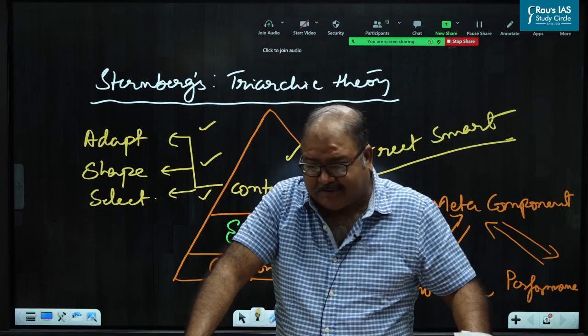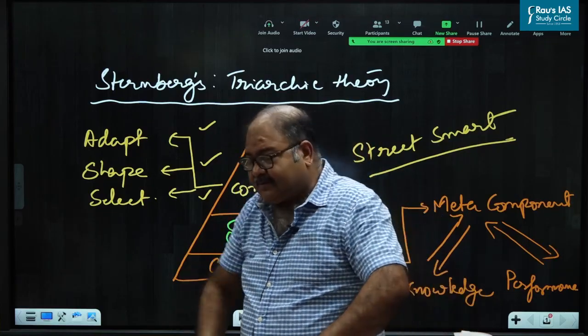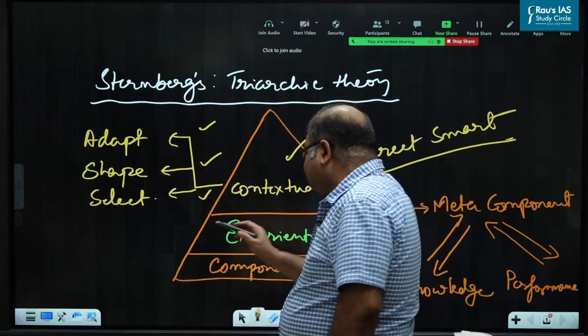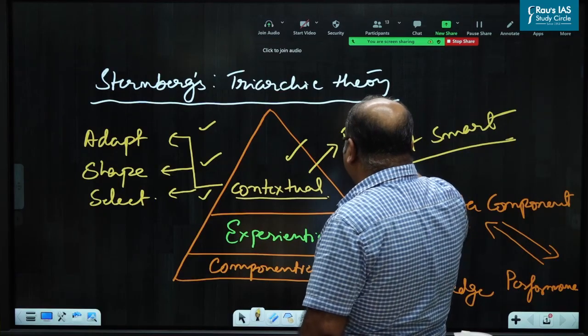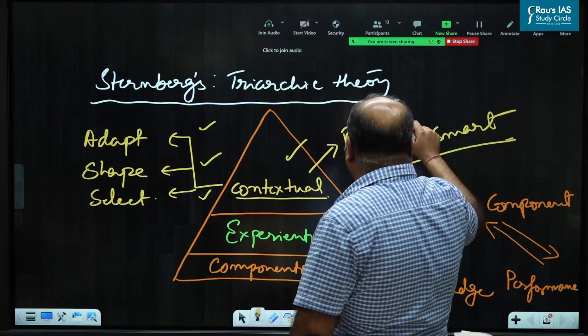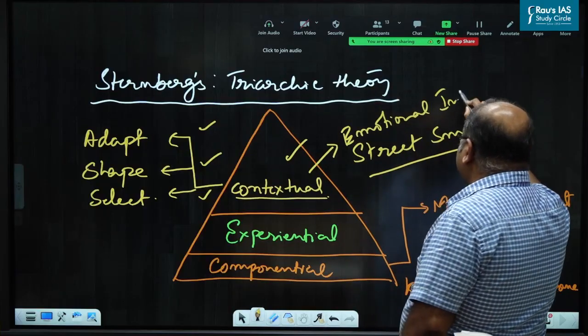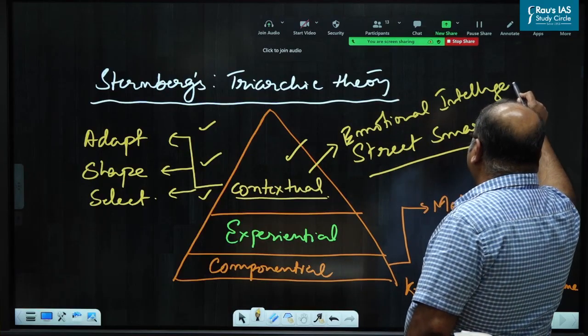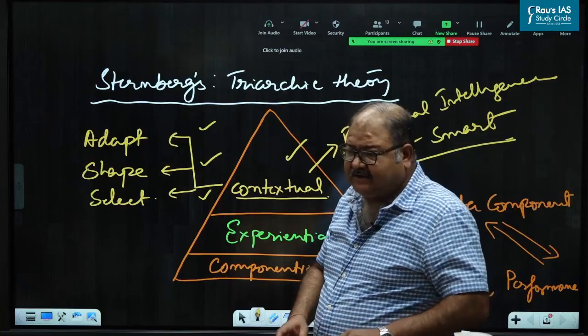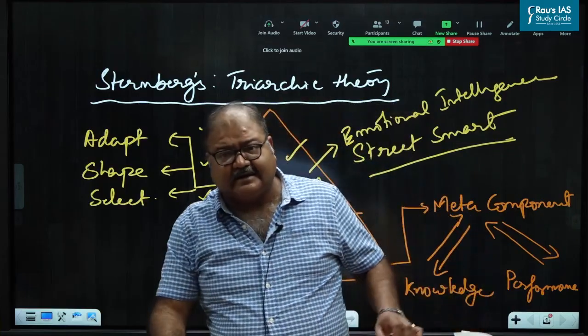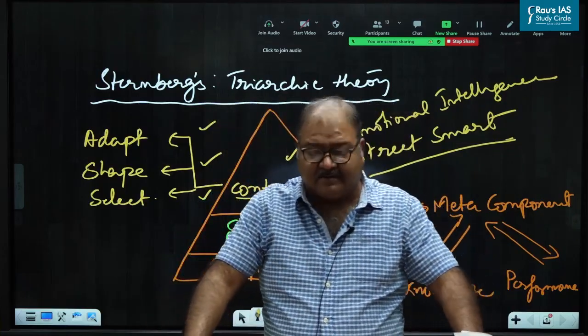And they will switch over. So these three qualities provide contextual intelligence, and contextual intelligence is considered to be a kind of emotional intelligence.